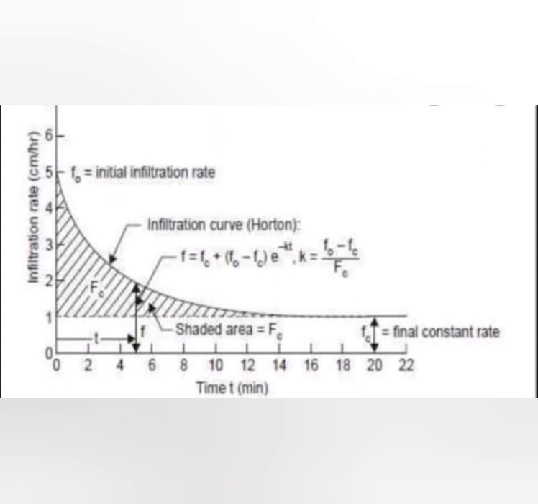Now this graph depicts the rate of infiltration decreasing with time. Initially the infiltration rate is about 5 centimeter per hour at time t equal to 0 minutes. But as time proceeds, it starts to decrease, and at time t equal to 14 minutes, it reaches a constant rate, a saturation rate, which is termed the final constant rate, Fc.